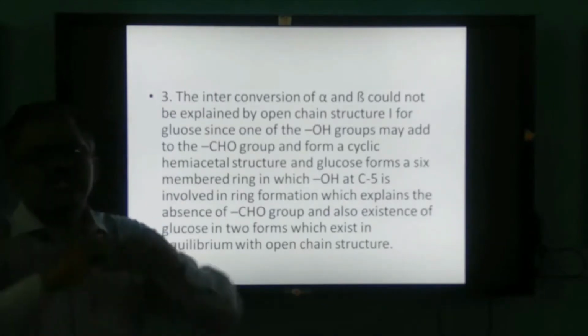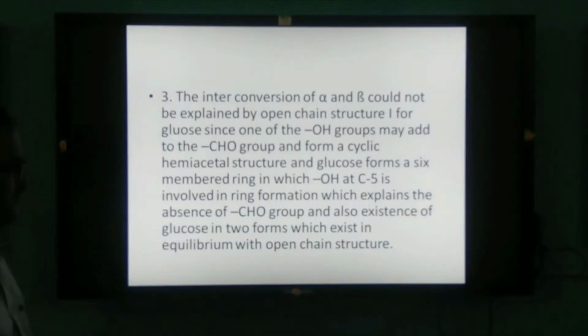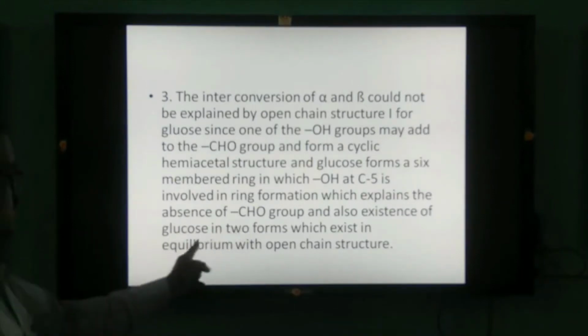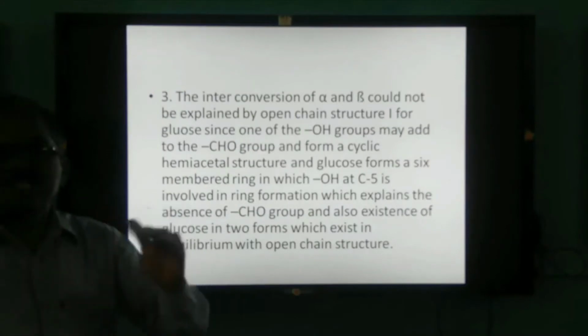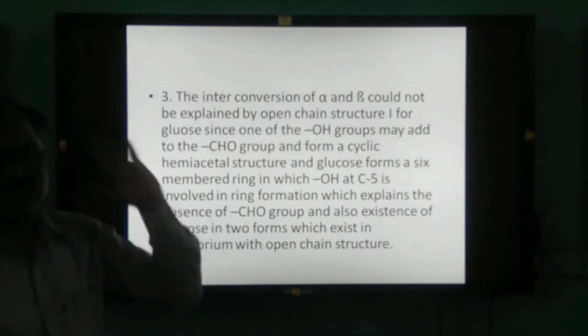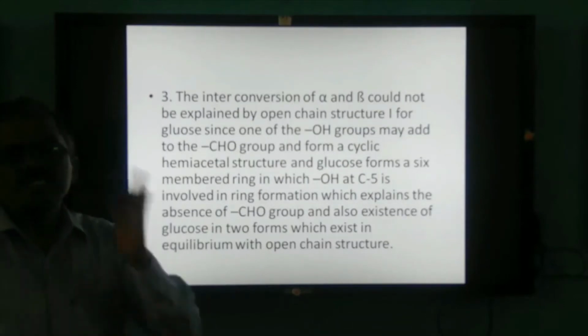So that is why the free aldehyde group is not present and it cannot respond to some of the properties. And also the existence of glucose in two forms. That is why the open chain structure could not explain the interconversion of alpha and beta. It is possible only when it exists in a cyclic form.